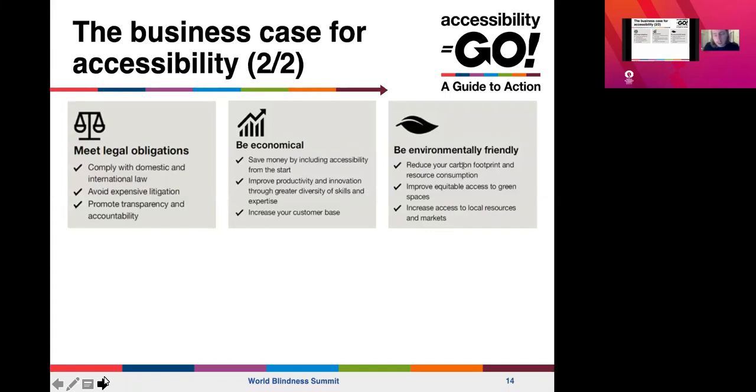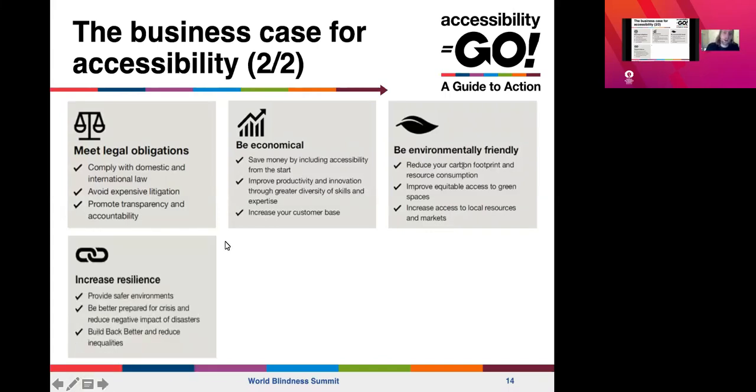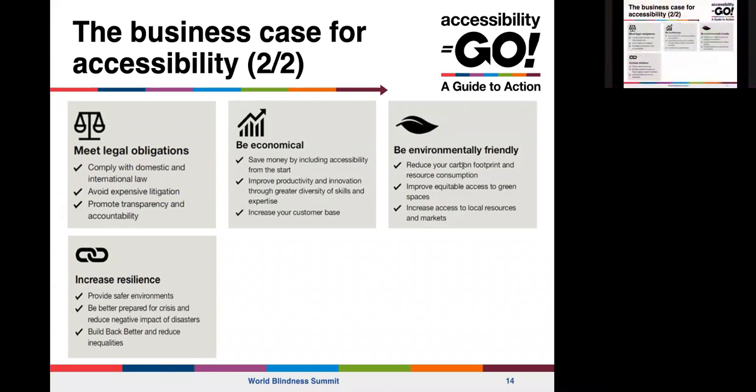By promoting accessibility, we can also improve how we work on increasing resilience. By removing accessibility barriers in the organization, we can be more resilient, and we can create a better, safer environment for all employees and their communities.